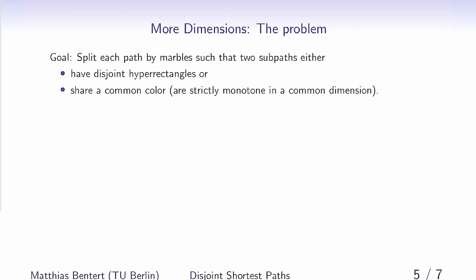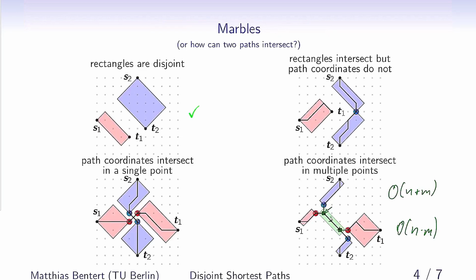And our general approach is to use marbles as before, to then have subpaths such that either we can use this direction idea, so there is a common color. Let me go back, this green path here, so we have one of the dimensions in which all of the paths are monotone.